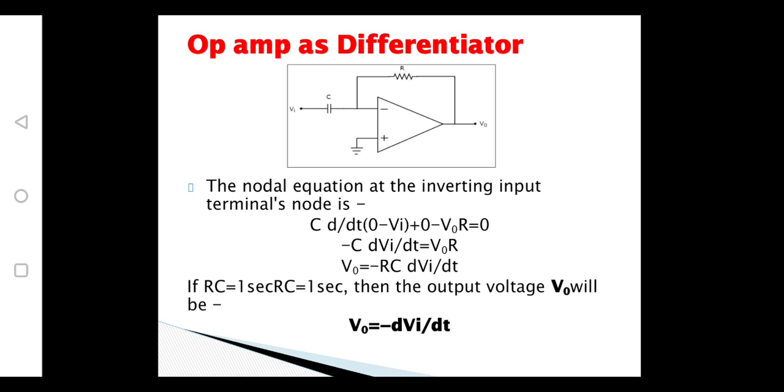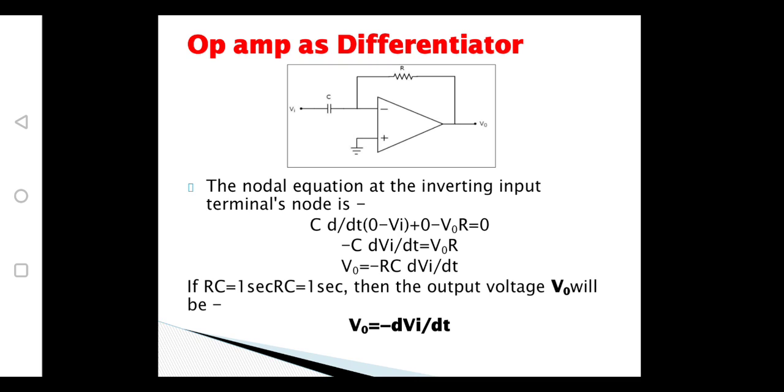From the same circuit, we must be able to justify how the output is the derivative of the input, as well as how it rejects the lower frequency components. In order to prove the output is the derivative of the input, we need to apply the nodal equation at the inverting input terminal.